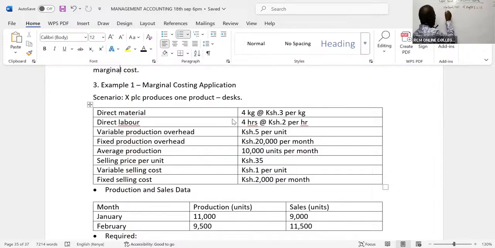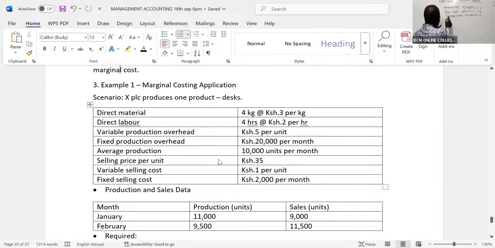And then we have labor cost: 4 hours times 2, which gave us 8. And then we have a variable production overhead per unit, which gave us how much there?